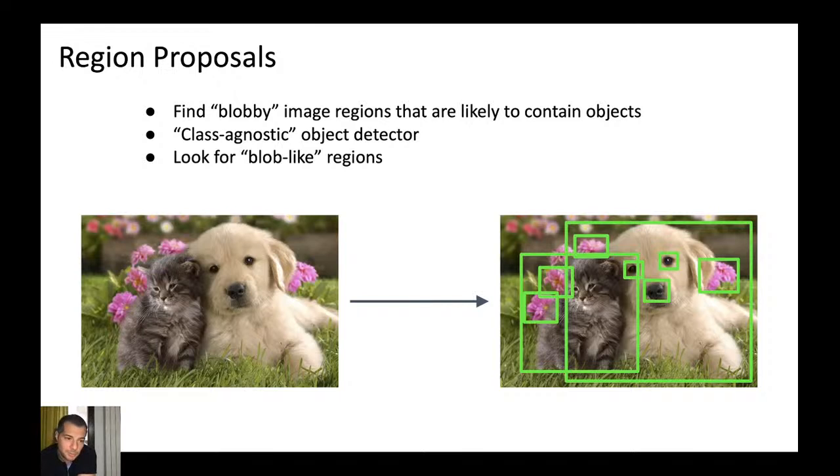Maybe the region is also not very refined, and the contour of the object is not really well identified. The main idea is that it works pretty fast. So for example, it can also detect these flowers which may not be of interest to us, but since they look like blobby objects, they will be considered as potential regions that contain objects. So these are region proposals.